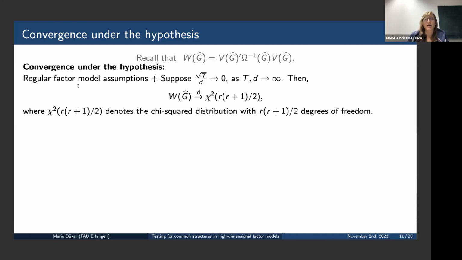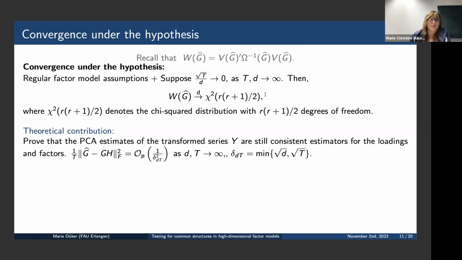And then we impose the regular assumptions we need to do estimation on the individual series. And we can also ensure that we are in a high dimensional setting. So we allow square root of T/D to go to 0, as T and D go to infinity. So the dimension and the sample size, which is also the exact same assumptions as in the Han and Inouye paper.